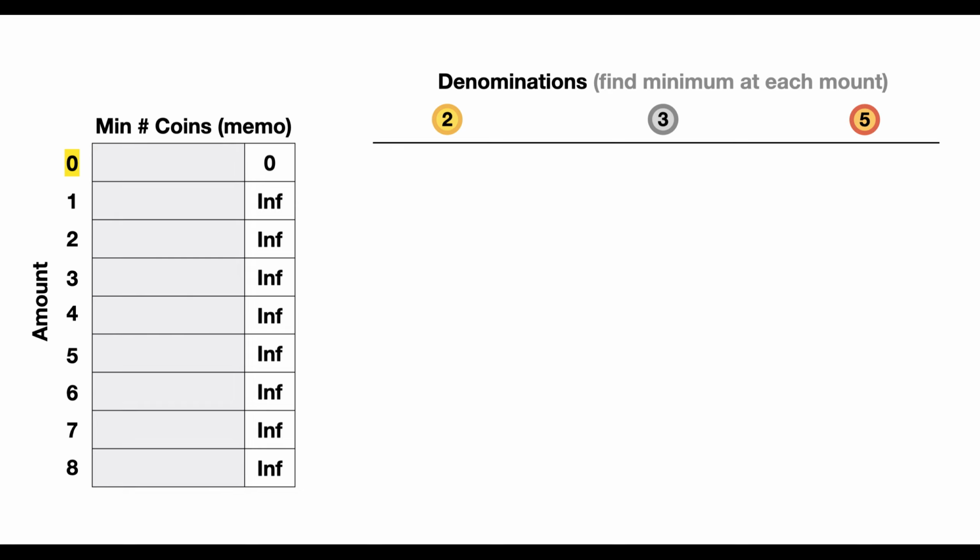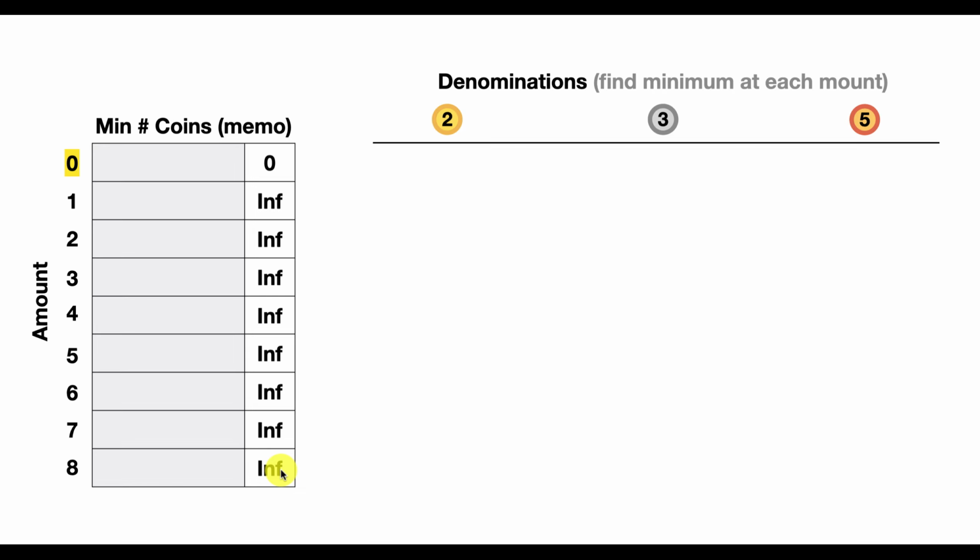So for completeness, and to make sure we really understand what's happening, let's now take an example where we have 3 coins. We'll look at denominations of 2, 3, and 5, and we'll go to a target of 8. We initialize the memo array at 0 for the value of 0, and then the largest integer for all the other items.